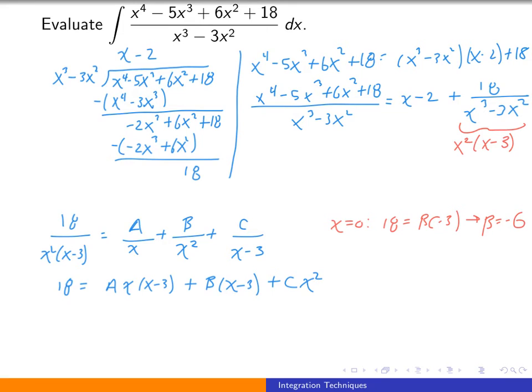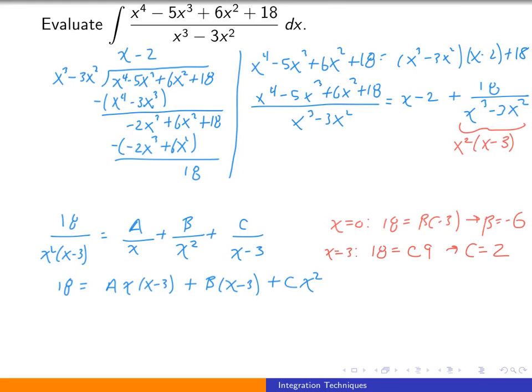Additionally, if we plug in x equals 3, the A term and the B term will both vanish, and we can solve for C. So if x is equal to 3, 18 is on the left, and we have C times 3 squared, so C times 9, and C must be equal to 2.